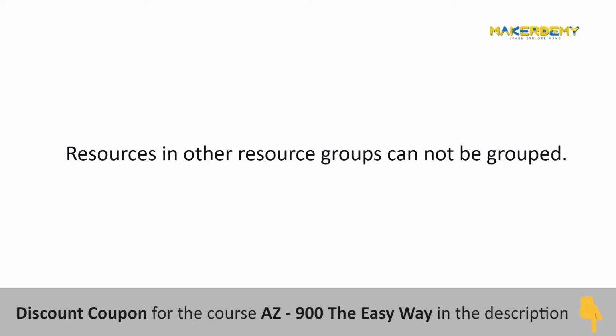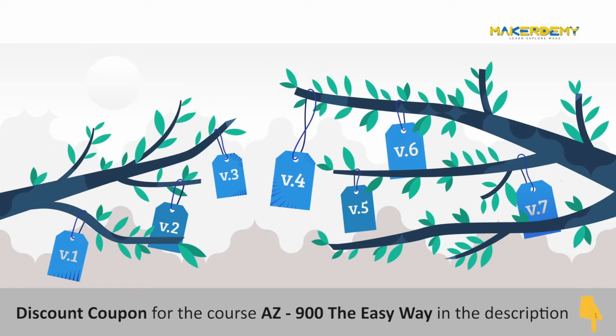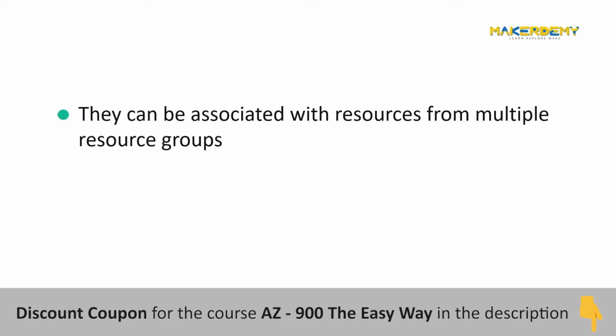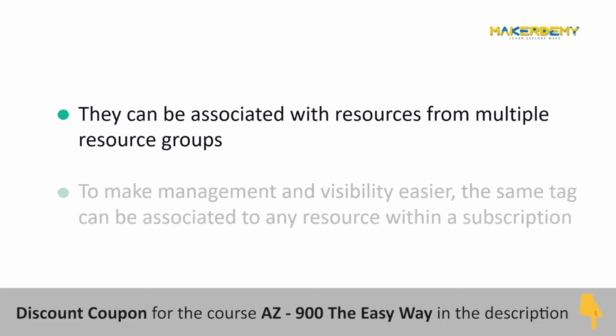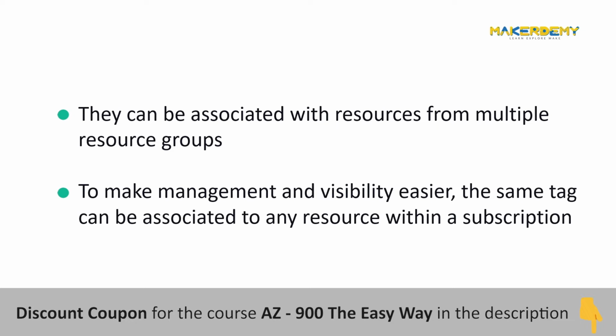That means resources in other resource groups cannot be grouped. Tags are a loosely coupled form of grouping. What that means is they can be associated with resources from multiple resource groups. In order to make management and visibility easier, the same tag can be associated to any resource within a subscription.